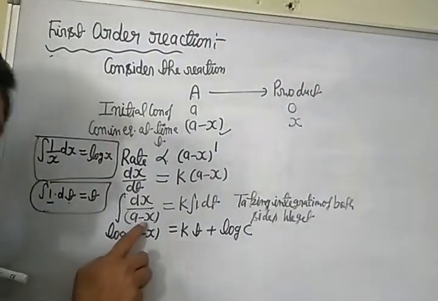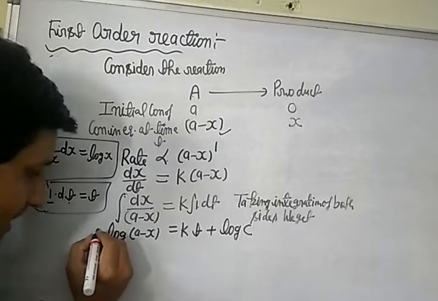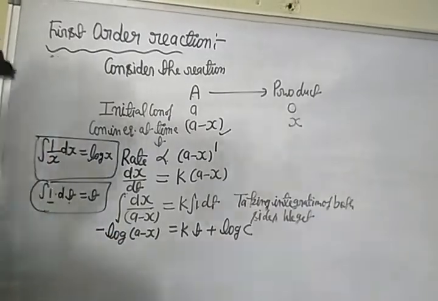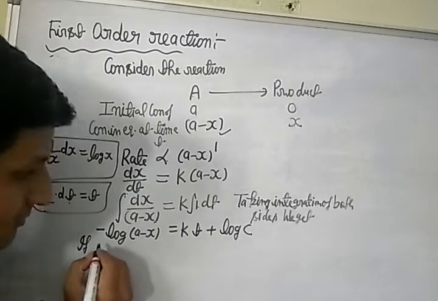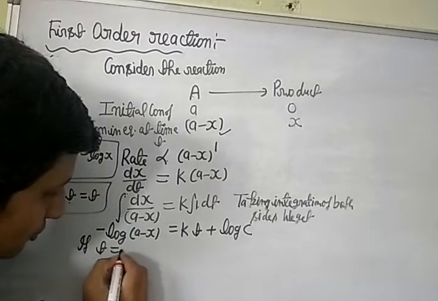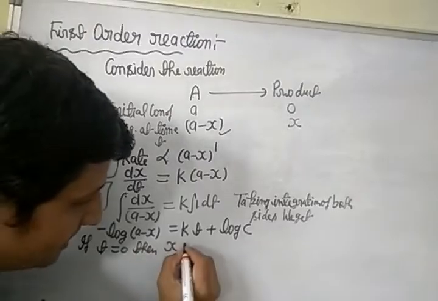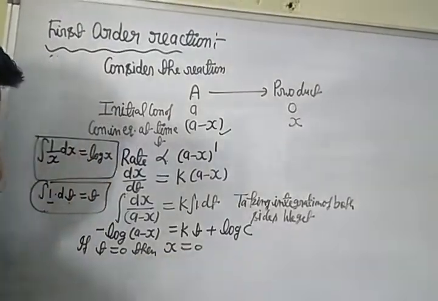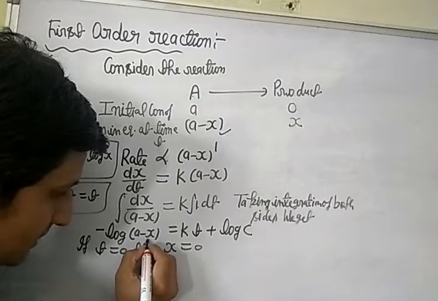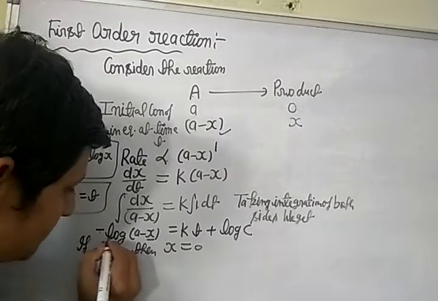And in case of minus sign, we have to take minus here. Now if time is equal to 0, then amount of substance x is equal to 0. Put x equal to 0, we get minus log a.